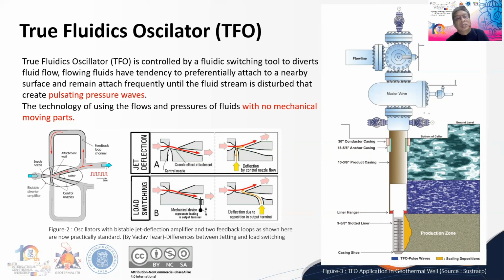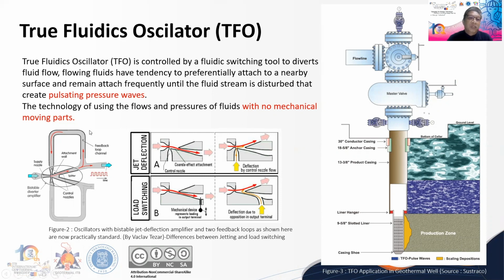The true fluidic oscillator is controlled by a fluidic switching tool to divert fluid flow, and the flow will switch frequently and create what we call a pulsating pressure wave. And the most important thing is that the system has no mechanical moving parts.